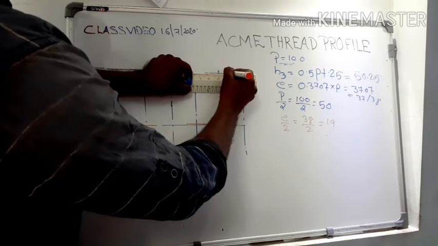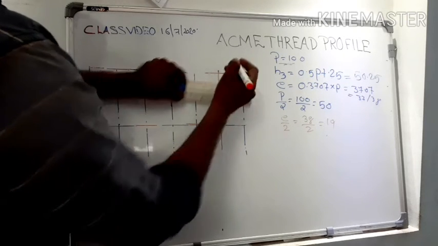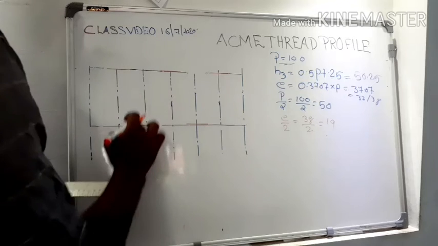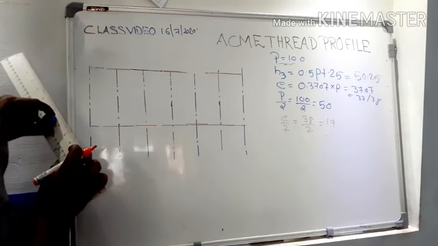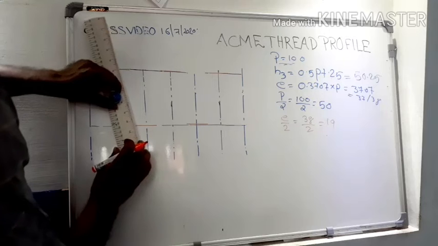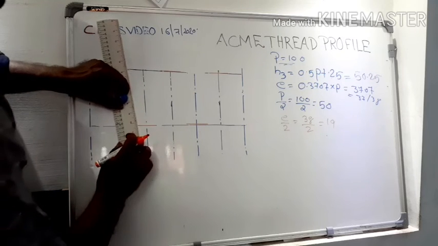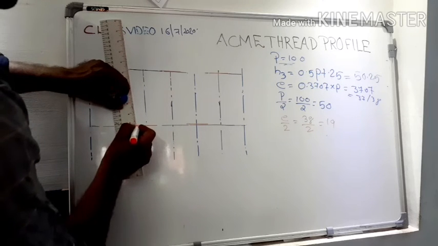We draw all the crest and root points marked at the top and bottom horizontal lines. Now we connect those two points using an inclined line.